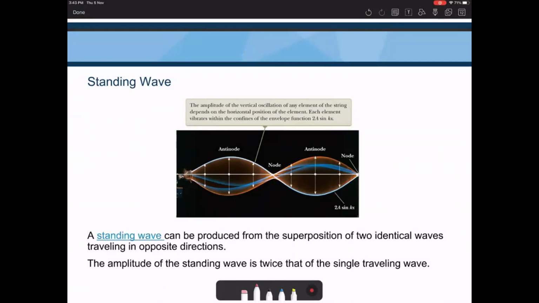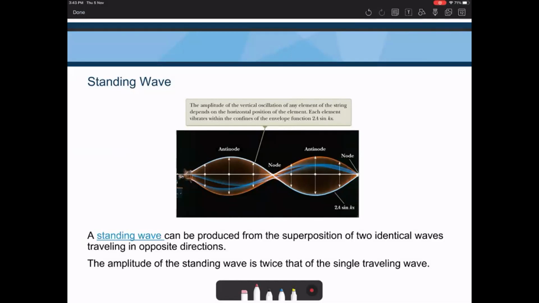Why is it like this? Now, I will show you a simulation, and you would start to see the effect of traveling waves that are moving towards one another.